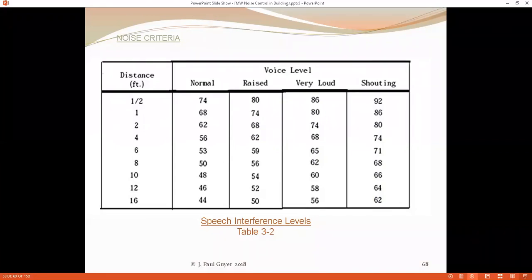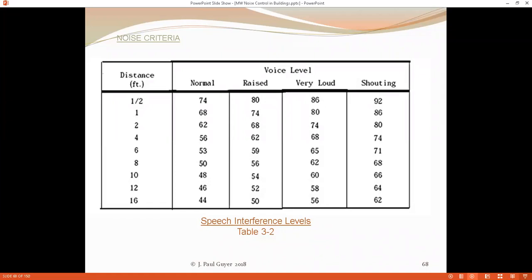And without going into the details of speech interference level, it kind of looks like is illustrated by this table here. You have, say, two people 10 feet apart and they need to communicate. And they can communicate in a normal voice in an NC environment of 48 decibels.